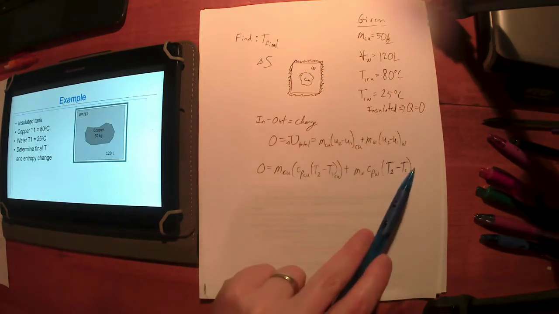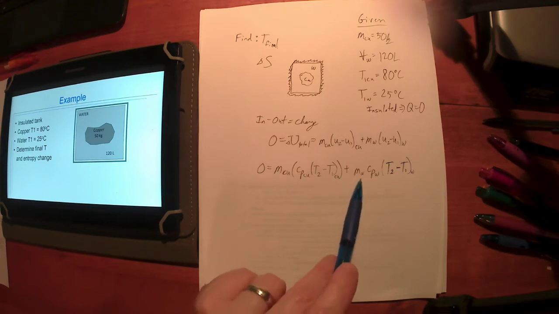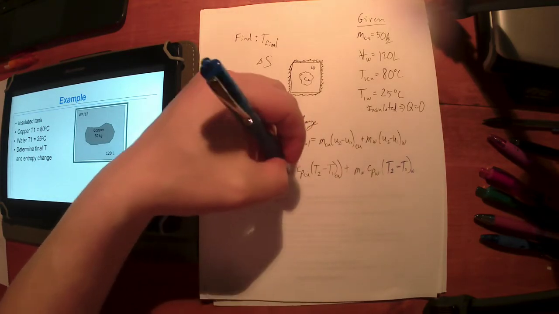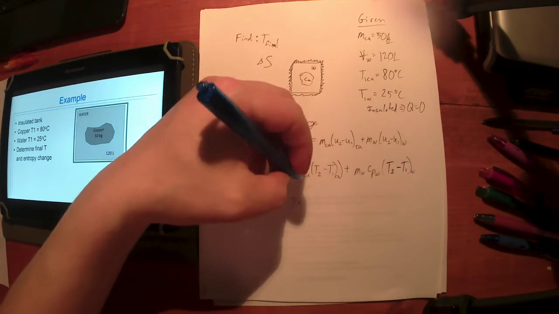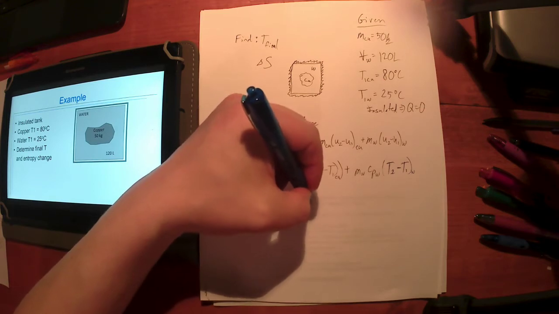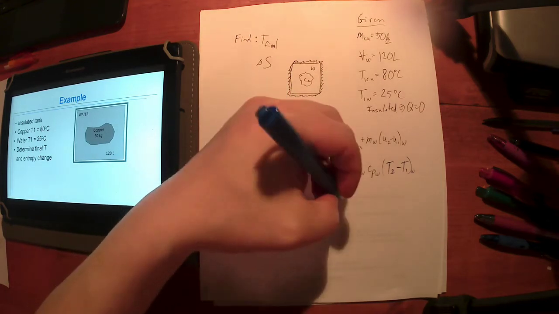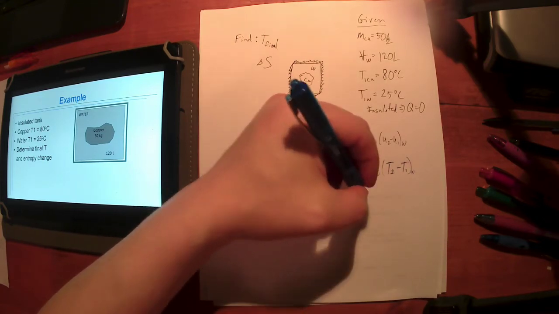So I know the initial temperature for both copper and the water. I don't know these specific heats; I can go look them up. And we said we should be able to find the mass of the water based off the density of water, assuming it's liquid, and the volume of the water. So we can knock that right out now. I've got about 1,000 kilograms per meter cubed.